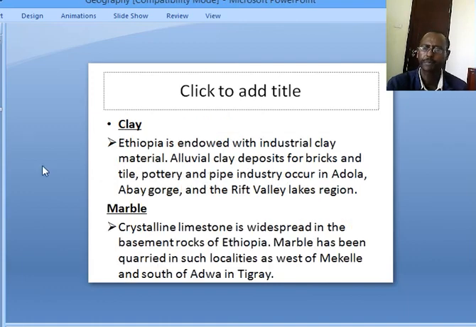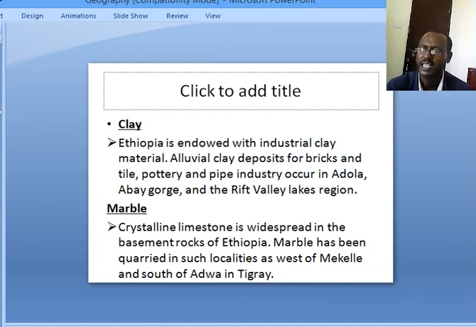Clay. Ethiopia is endowed with industrial clay material. Alluvial clay deposits for bricks and tile, pottery, and pipe industry occur in Adola, Abay Gorge, and the Rift Valley Lakes region.